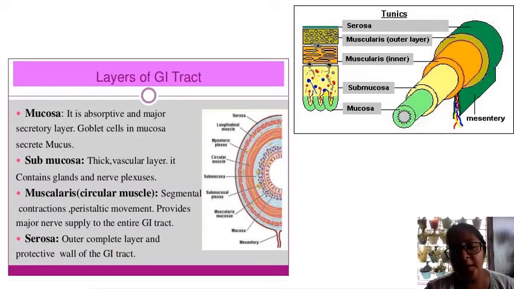I hope these basics are clear to you all, and next day we will move on with the chapter. Our next topic will be the digestive canal, the parts of the digestive canal in detail. I hope you understood this part.